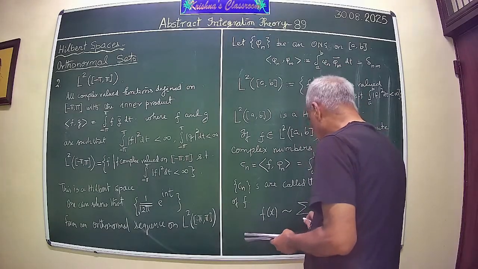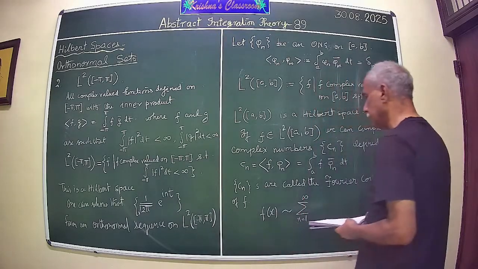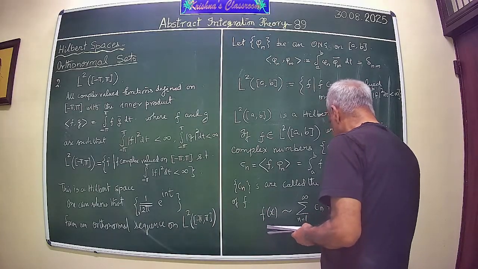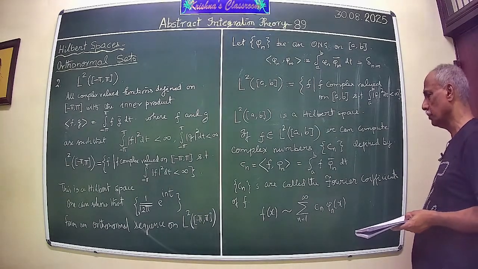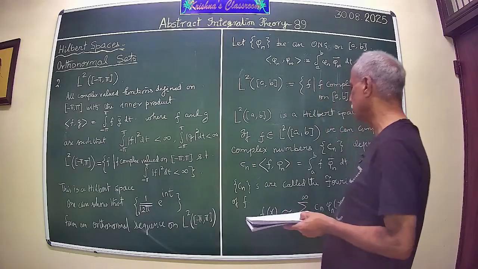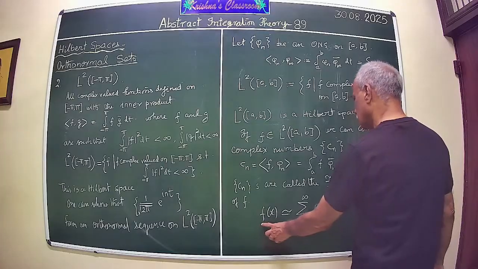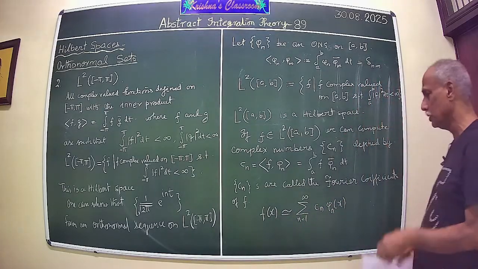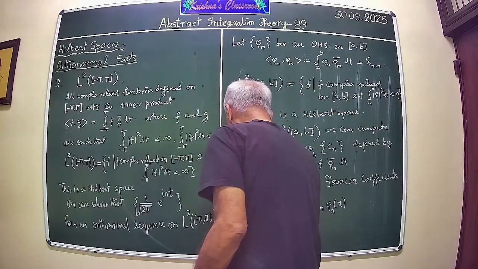This is called the sum from n equals 1 to infinity of Cn phi n. We do not write equal to here, we just put it this way. Okay. So this is coming out of this. One of the questions is when they are equal, in what sense they are equal, and so on. Okay. So this is in L2 AB.